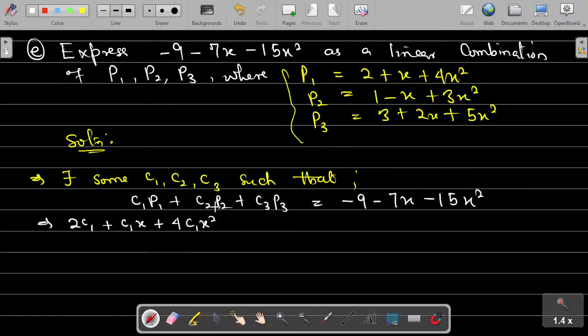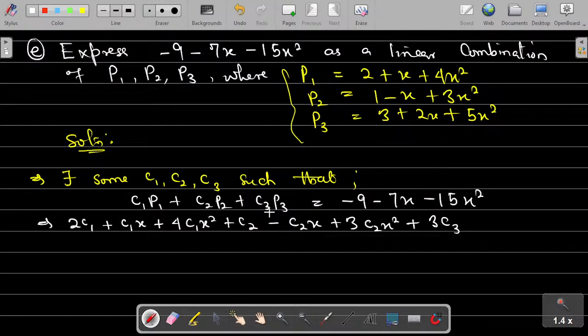Then we are done with c1 P1. We go over to this. c2 will multiply the whole of P2. So c2 times 1 will give us c2, and c2 times -x will give us -c2x, and c2 times 3x squared will give us +3c2x squared. And finally, c3 multiplying the whole of this will give us 3c3.